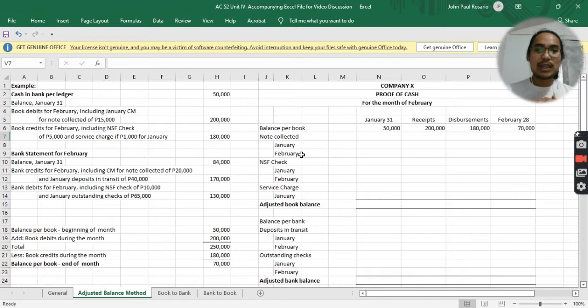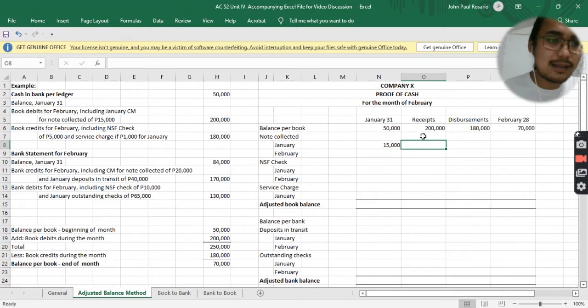Okay? So first, for example, your notes collected, which is a credit memo, for January amounting to 15,000. So, for the January reconciliation, this is your credit memo. So we add it here. But remember that your 200,000 receipts in the book actually includes a receipt from January that was only recorded now.